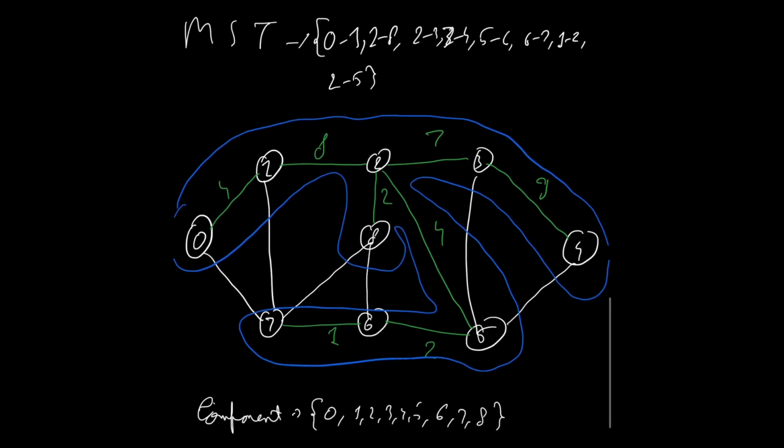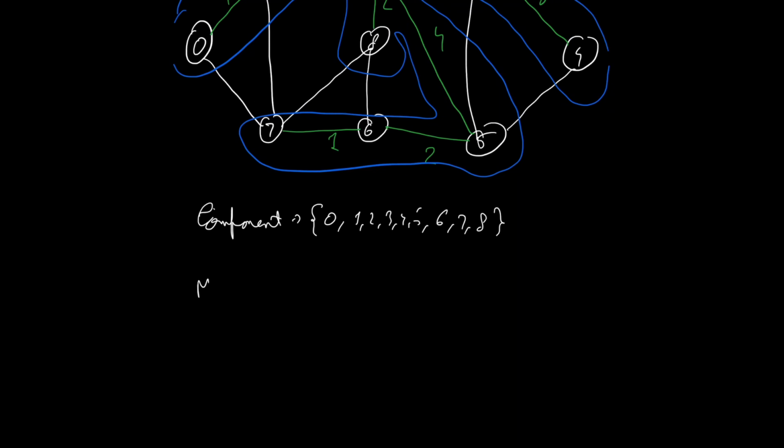And so for this, the final MST we have is 0, 1, 2, 8, 2, 3, 3, 4, 5, 6, 6, 7, 1, 2, and 2, 5.